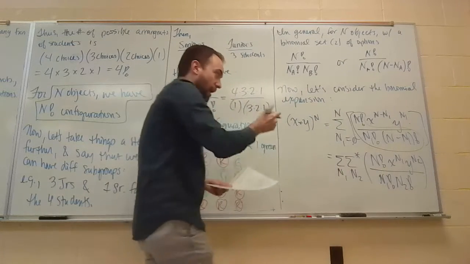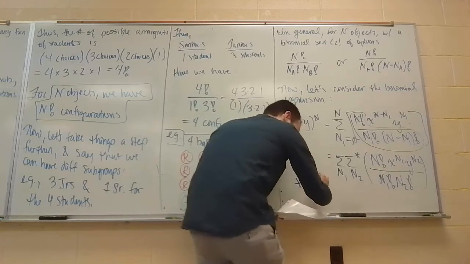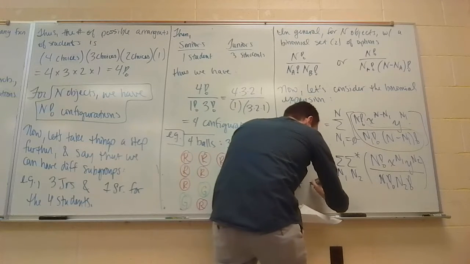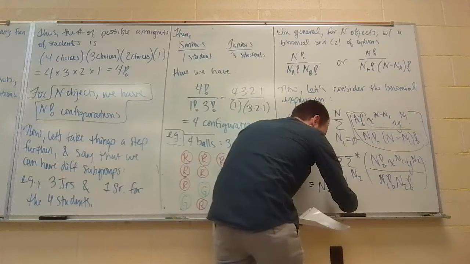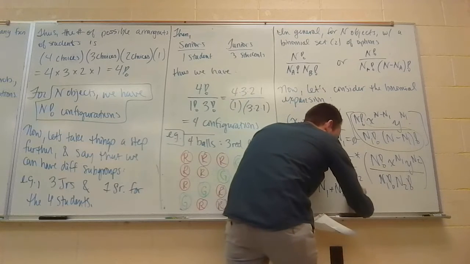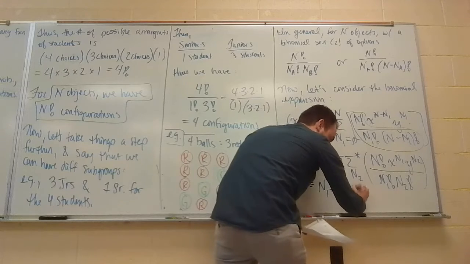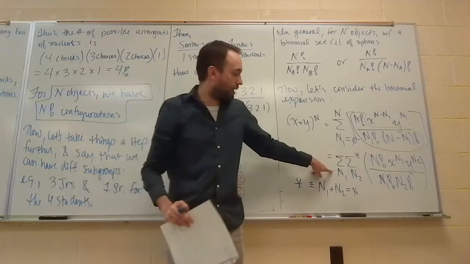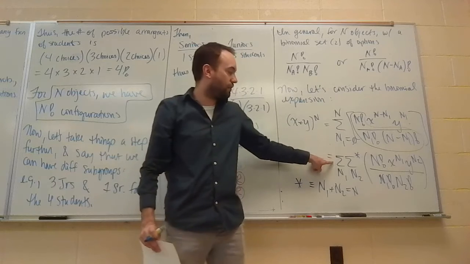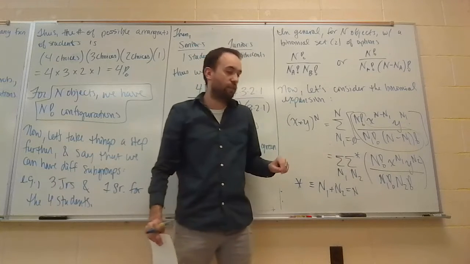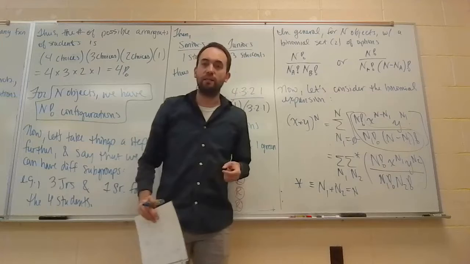And that star just means that n1 plus n2 has to go all the way up to a total of n. So essentially, I'm just looping over all the possible values of n1 and all the possible values of n2, making sure not to double count.